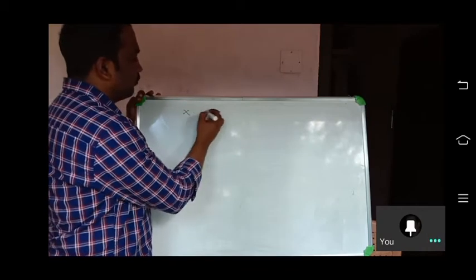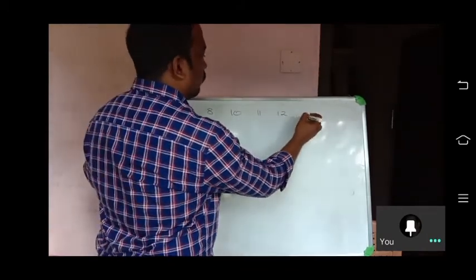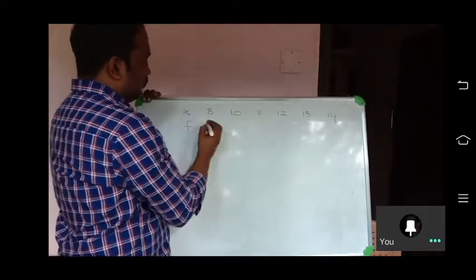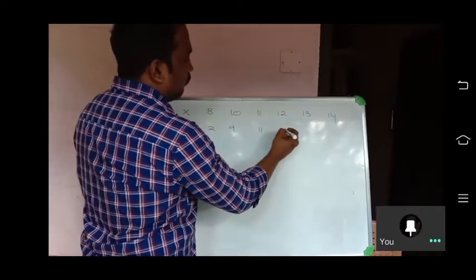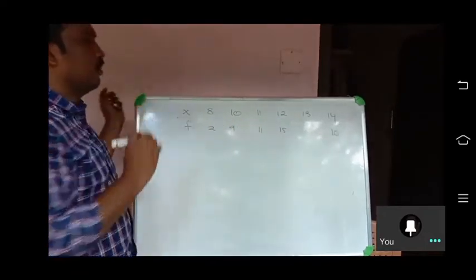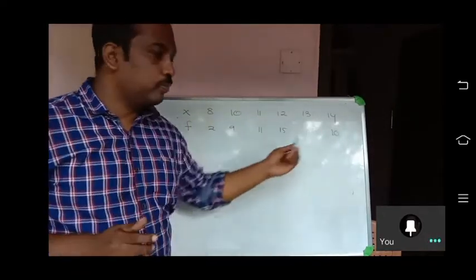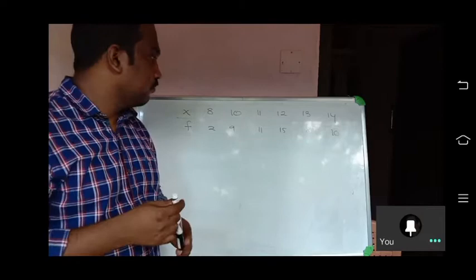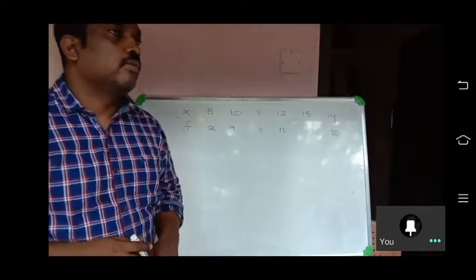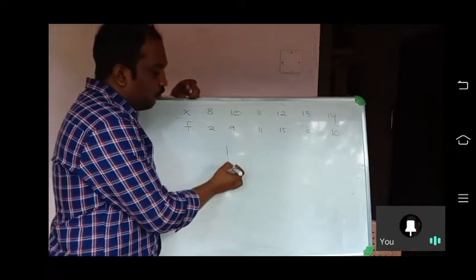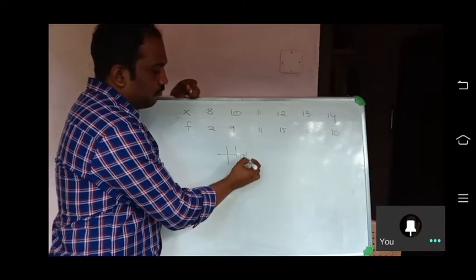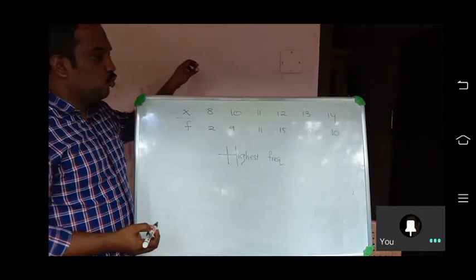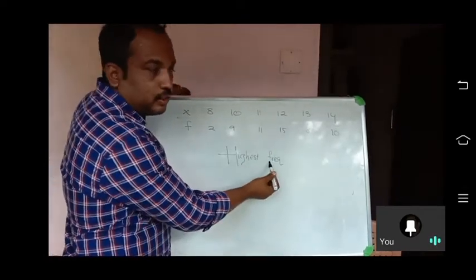Suppose you want to find the mode. How do you find the mode for this group? For the mode, remember, numerically, we have to use the highest frequency.